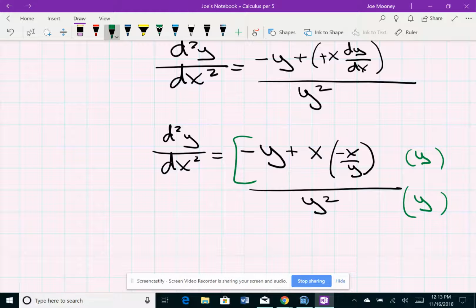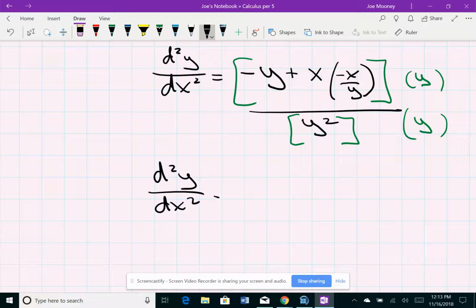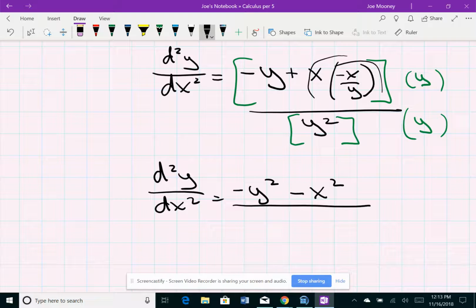So d2y dx squared is equal to, I'm going to do a negative y times my y gets me my negative y squared. Then I multiply this term right here by my y gets me negative x squared. Flattened fraction all over y cubed.